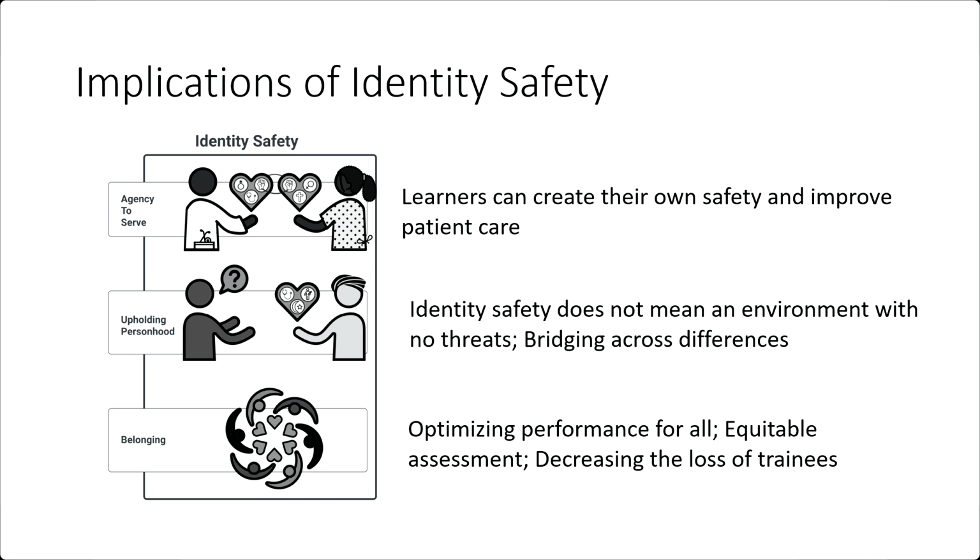Things like agency to serve help create identity safety. Obviously, there are limitations to what that can do, but learners are very much agentic in creating identity safety for themselves, and doing so actively improves patient care.